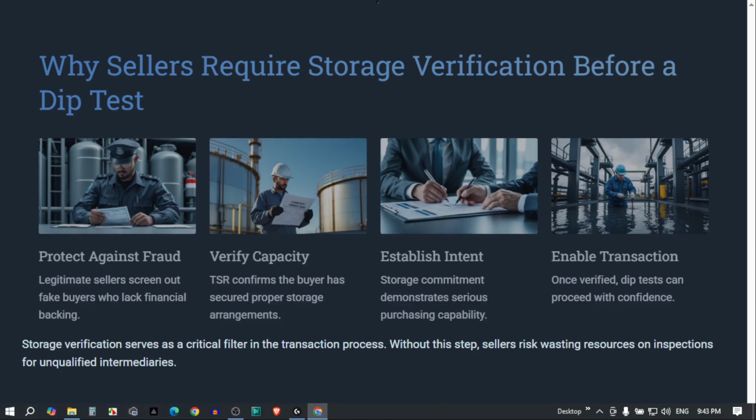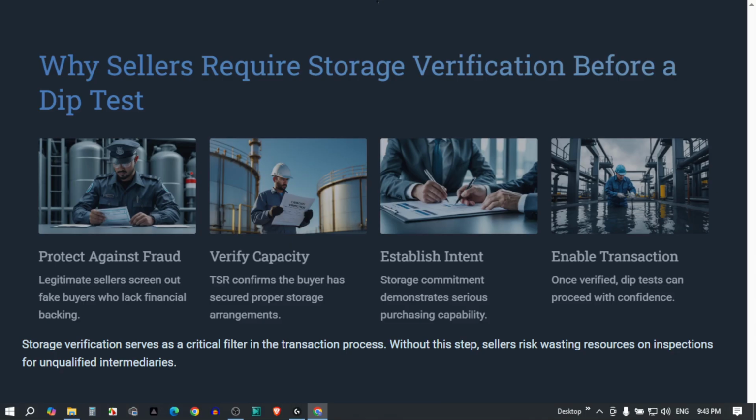If you are a buyer mandate and you show all the things, the financial capacity, the storage agreement, to the seller, this will maintain the integrity of the entire deal. And also, when the seller shows the documents step by step, this will show the integrity of the entire deal. That's how trust is built and scams are stopped by these procedures.